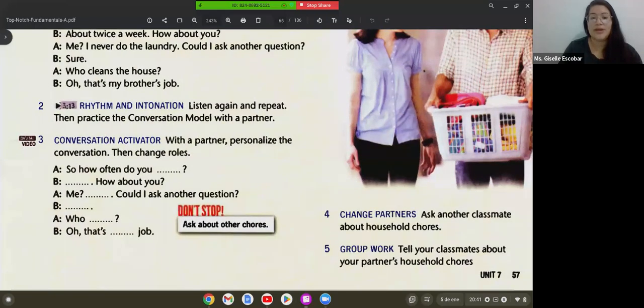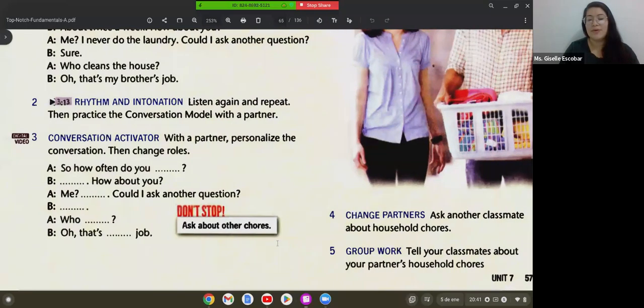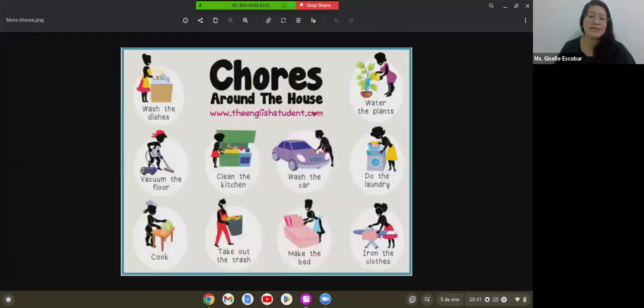Ask about other chores. Tratemos de preguntar sobre tareas diferentes. Les voy a mostrar rapidito para que tomemos más ideas. Podemos hacer clean the kitchen, or make the bed, iron the clothes, cook, water the plants, wash the dishes. Ya lo usamos mucho.